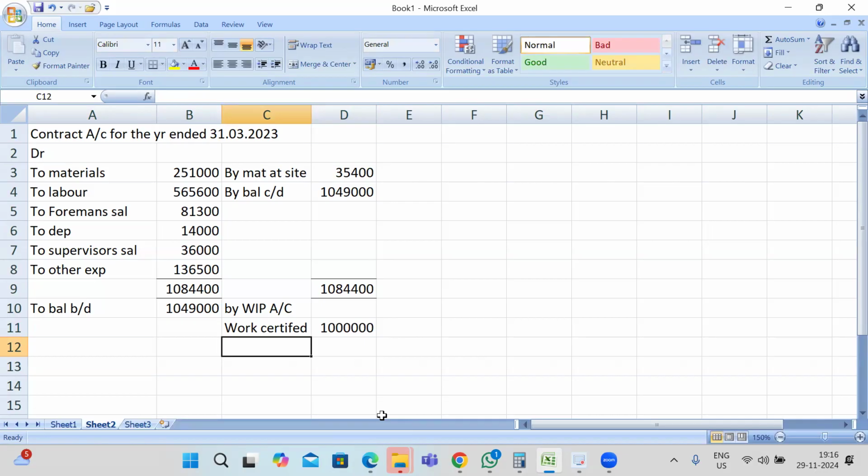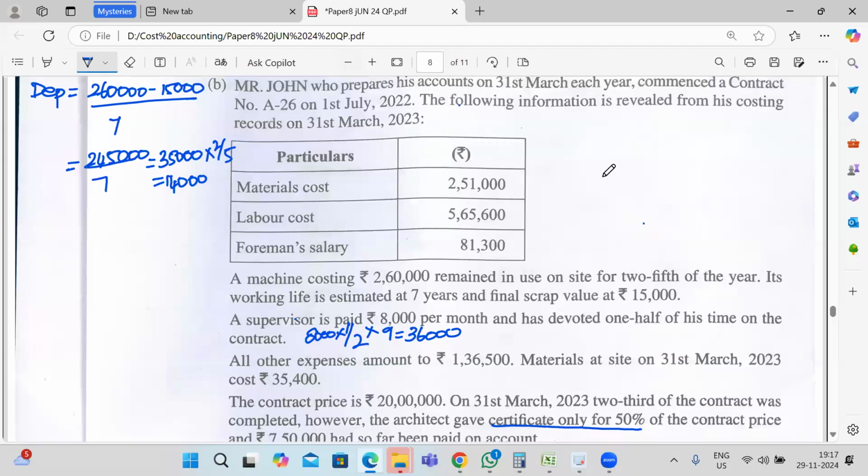So now I need to calculate uncertified work. Here they have mentioned 2/3 of the contract was completed. It is worth 10,49,000. So we need to calculate how much it is for this uncertified work. We have so many methods of calculating this.